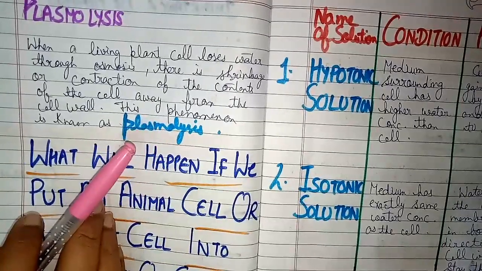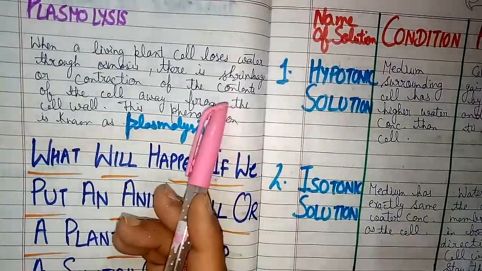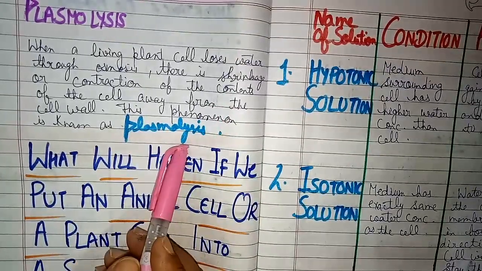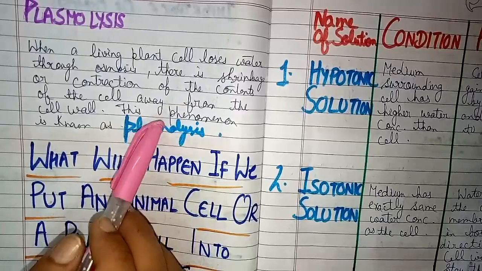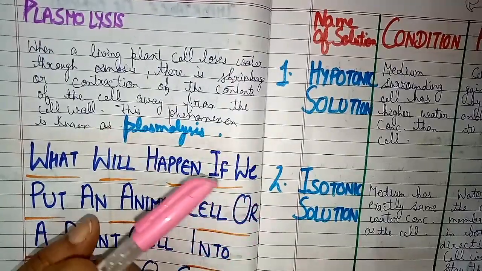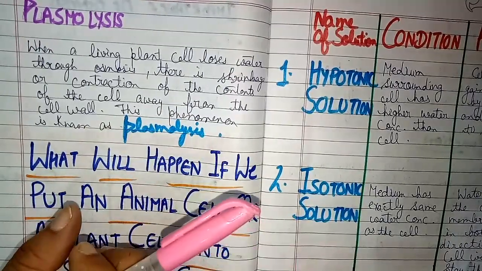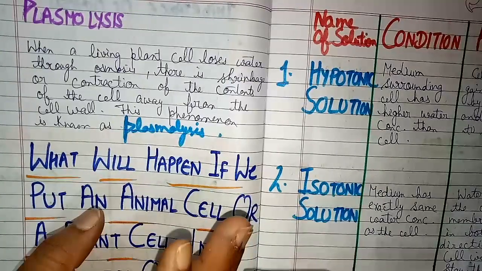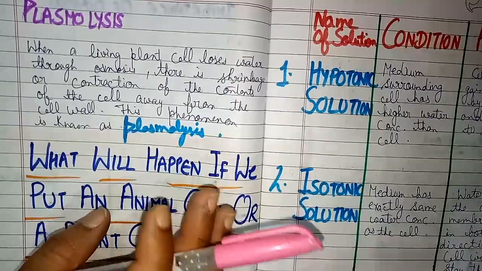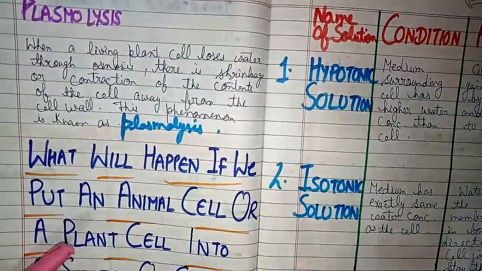If there is loss of water, shrinkage of cell will occur. This is known as plasmolysis. And if we put this shrunk or contracted cell in the water, it will absorb the water from the outside media and it will again swell. This is known as deplasmolysis.